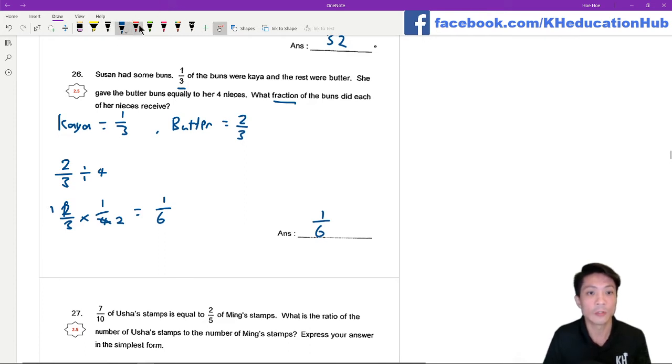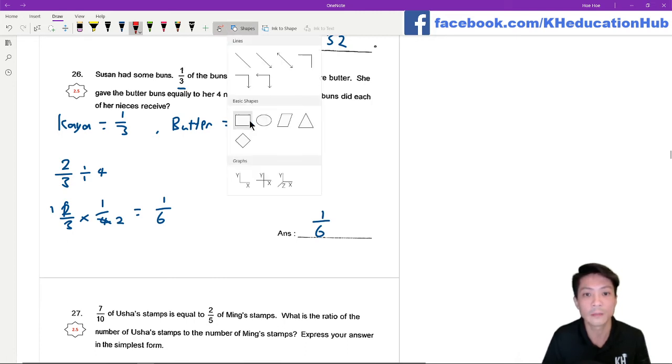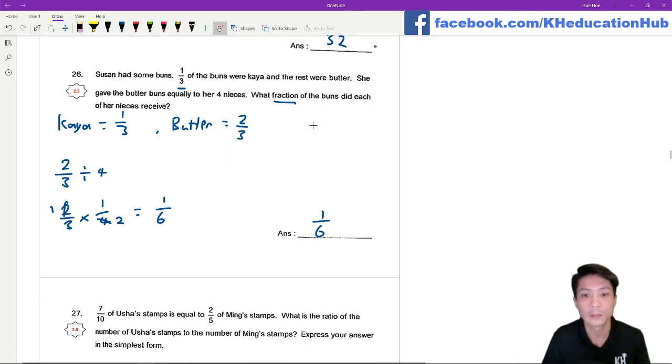You can do a model drawing for this one also. So maybe I'm gonna draw the model over here. You have a shape like this, and then you cut it into three parts.